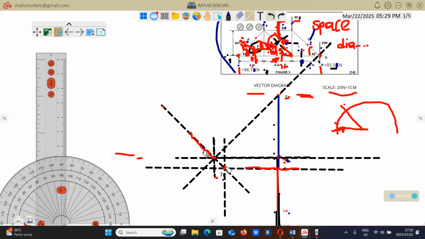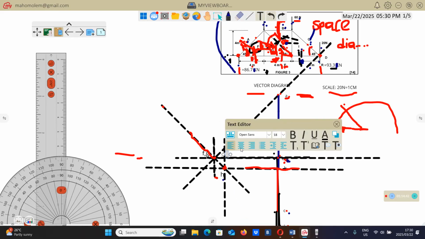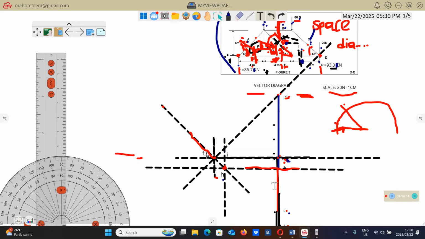So where this vertical line from H meets the horizontal line from E, this point where they meet is going to be point I. So point I is going to be there. So this is point I. Good. We're done.